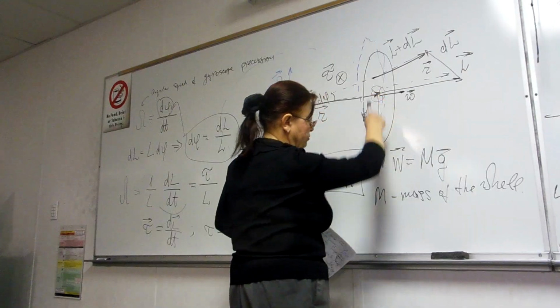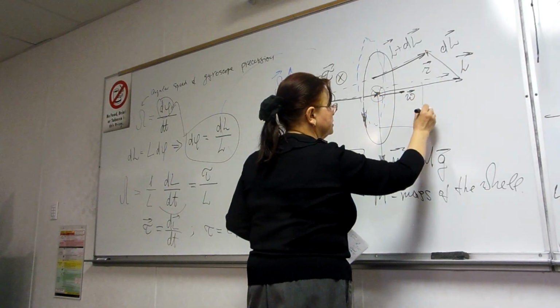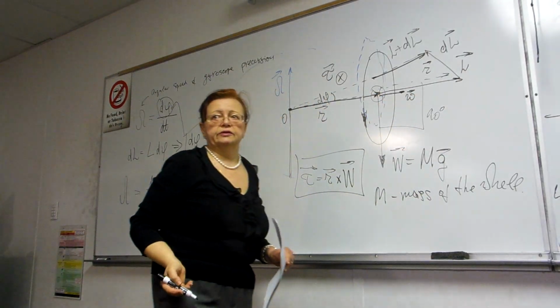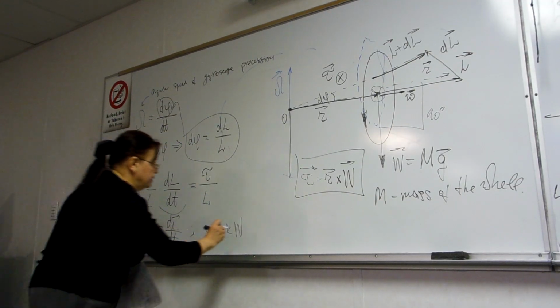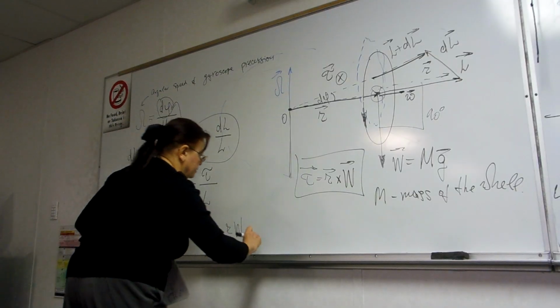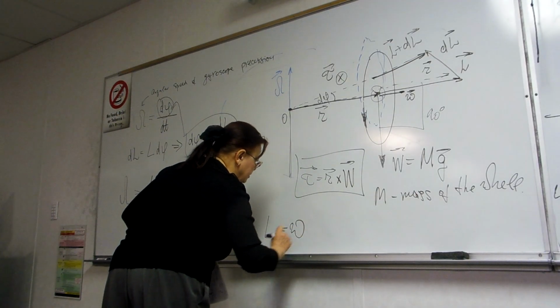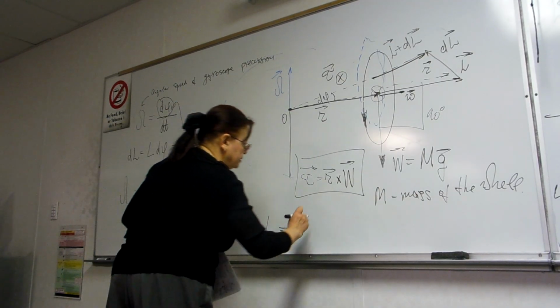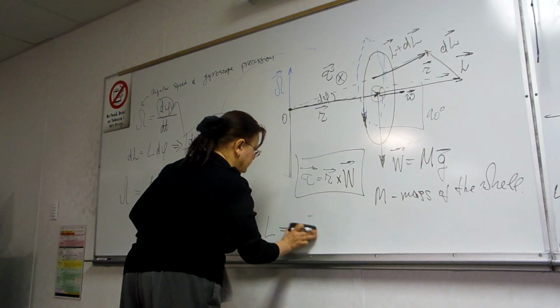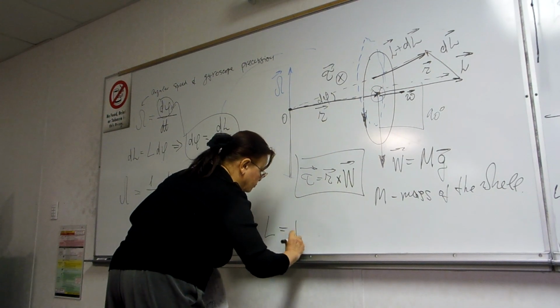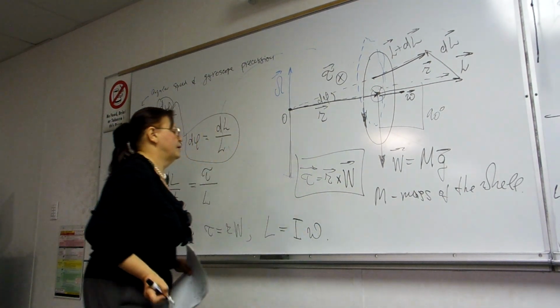Over here R, over here W, so angle 90 degrees, sine 1. So we just write R by W. And another part, what is L? L, it is omega, as we agreed, by I. No, I omega usually we wrote, doesn't matter. Let me write I omega better.